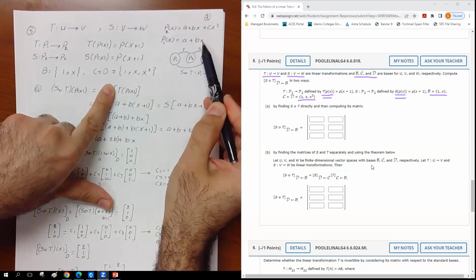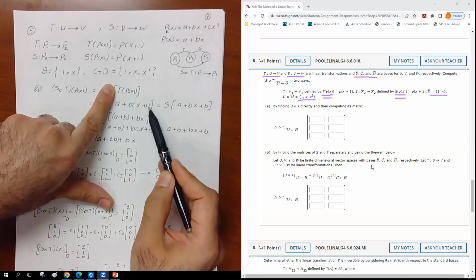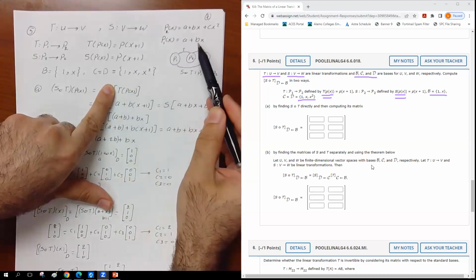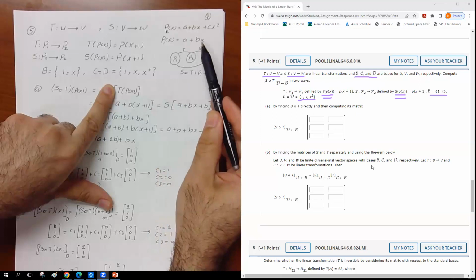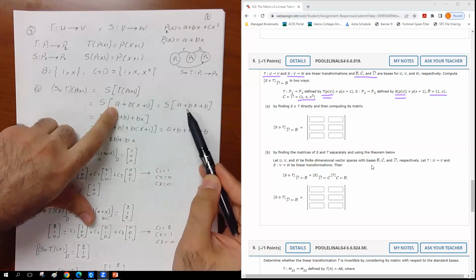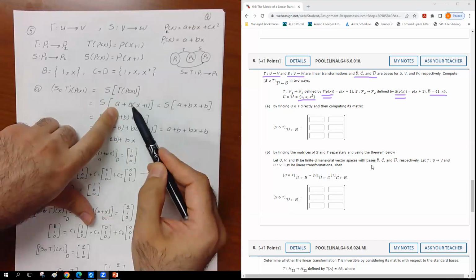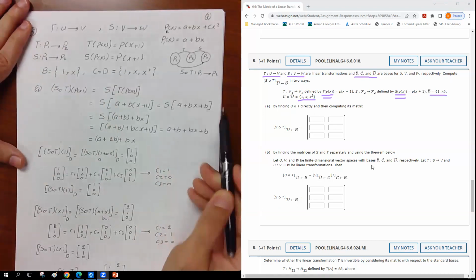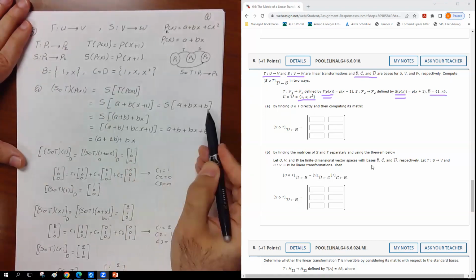So here is the a, here is the b, and instead of x, I need to plug in x plus 1. So it's bx plus b. Now I have to write this down again, because here's a constant and here's a constant number.